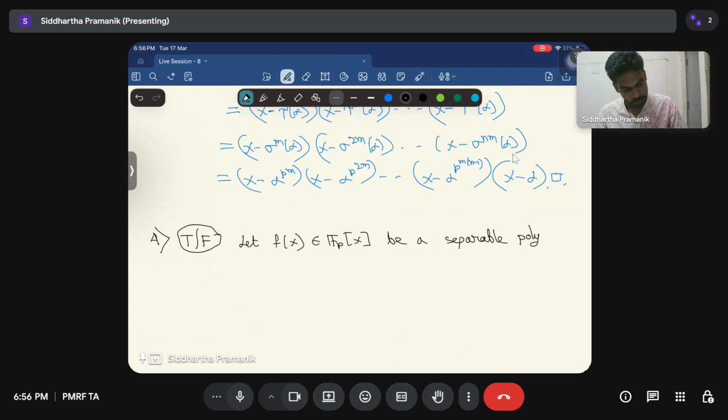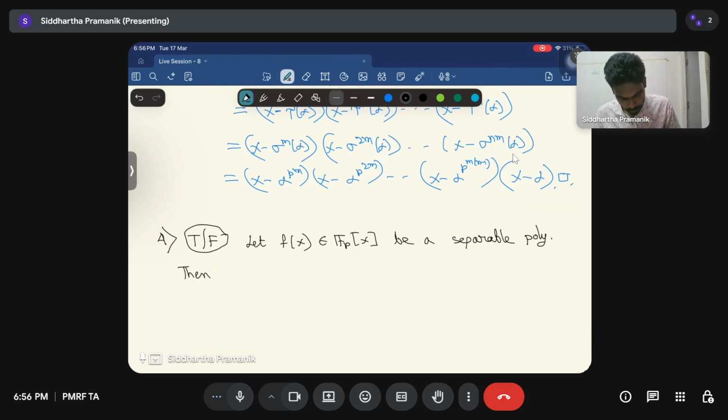Then there exists a positive integer n greater or equal to 1 such that this f(x) divides the polynomial x power p power n minus x.